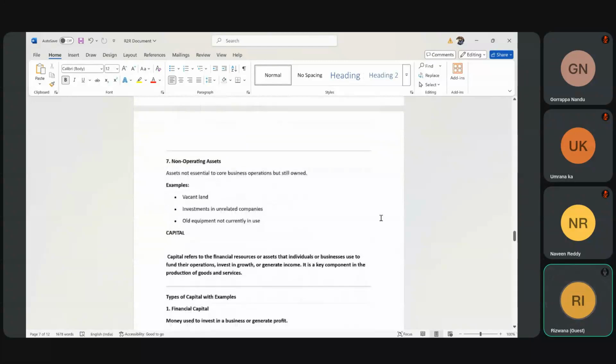Means a business is running but they still own other land also. For example, vacant land, investments in unrelated companies, old equipment not currently in use. Those are non-operating assets. Understood?